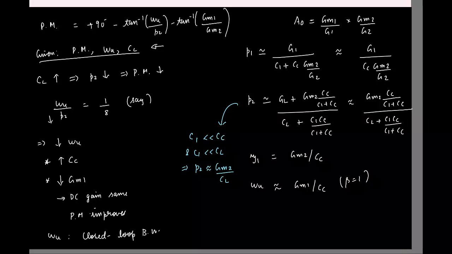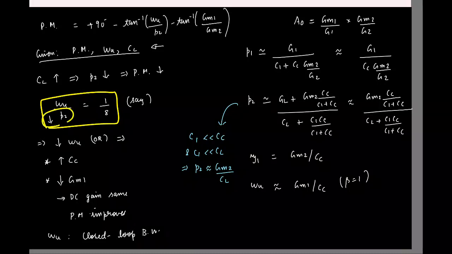So let's say I want to maintain the same ratio without changing omega u. What should I do? Back to the same thing. This is the ratio we want. P2 has reduced, so I don't want to change omega u. So what is the only thing I can change? I again have to see if I can increase P2.